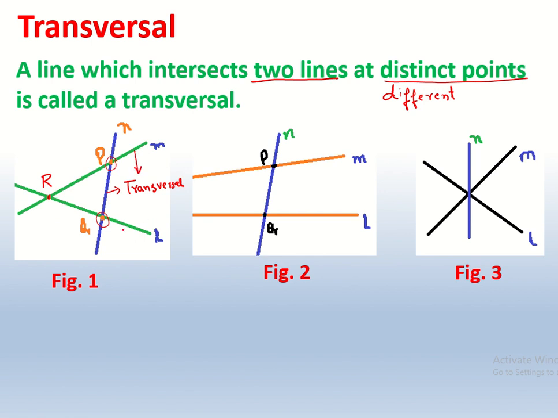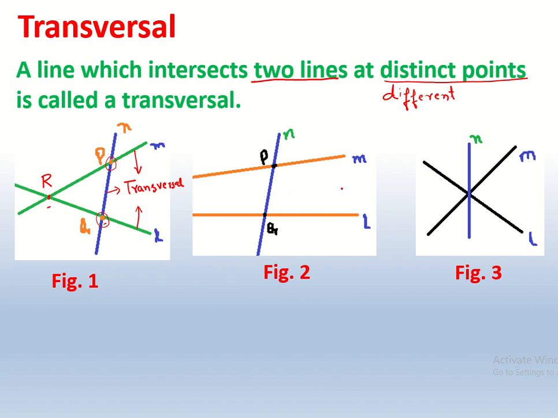Similarly, line L intersects line N at Q and line M at R, so line L is also a transversal. So in this first figure, any one of these three lines can be considered a transversal because each line is intersecting the other two lines at different points.